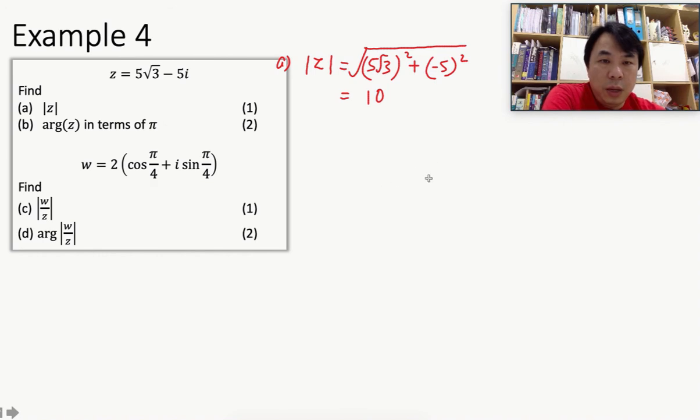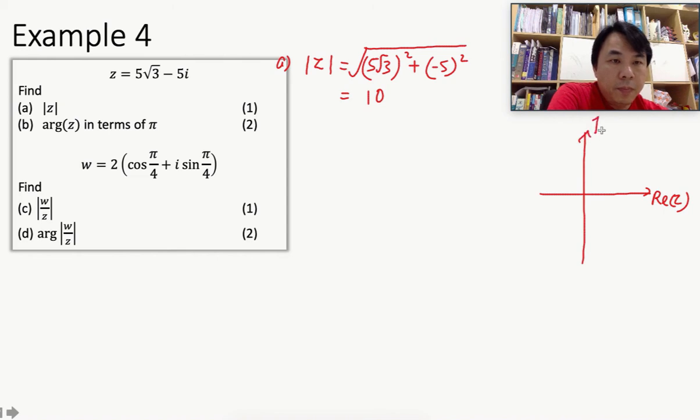Now, as usual, I will always advise you to sketch the complex number using the Argand diagram. Okay, now that would be like this: 1 point something, maybe around 6 or 7 units to the right, and then negative 5 units down.